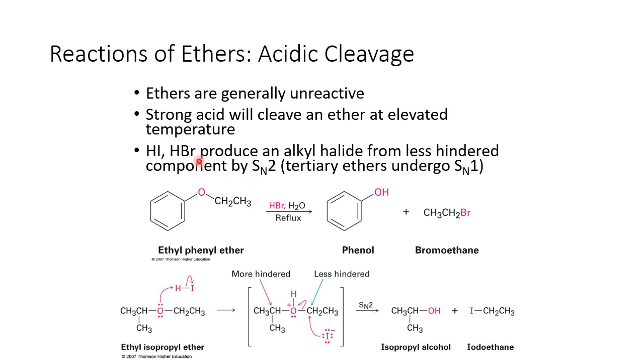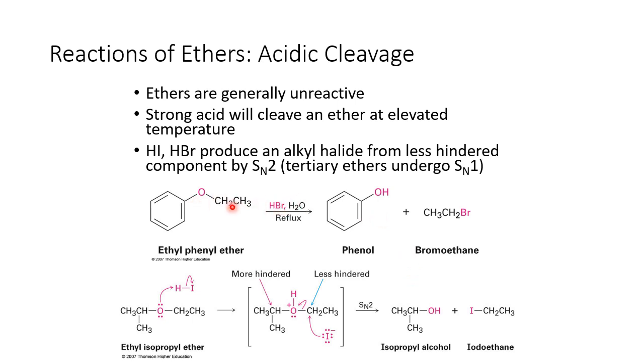If we look at ethyl phenyl ether, it can be reacted with hydrogen bromide in the presence of reflux, which is high heat. The hydrogen bromide reacts with the ether and breaks it into phenol and bromoethane. And this is a very simple reaction.